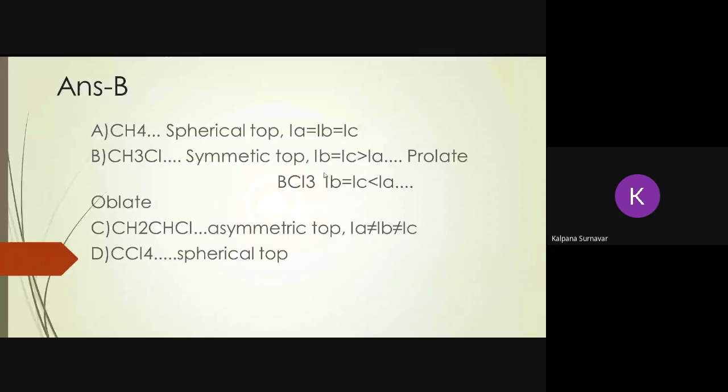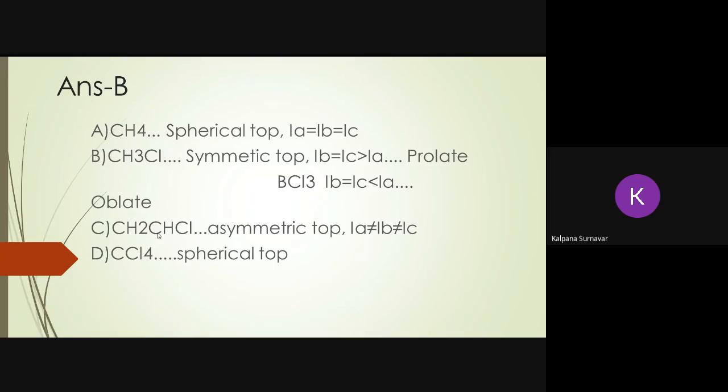This is the condition for symmetric top molecules. But there are two types of structures: the first is a prolate structure and the second is an oblate structure. Prolate means an egg-like structure, and oblate is a circular or rounded shape. The prolate structure obeys IB equal to IC, greater than IA, for example CH3Cl and CH3F. The oblate structure is of BCl3.